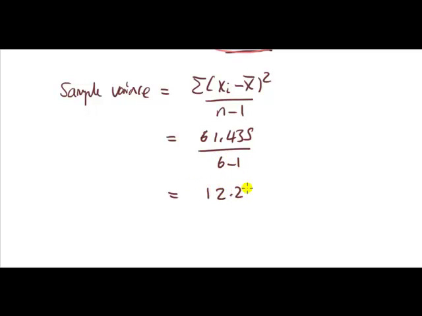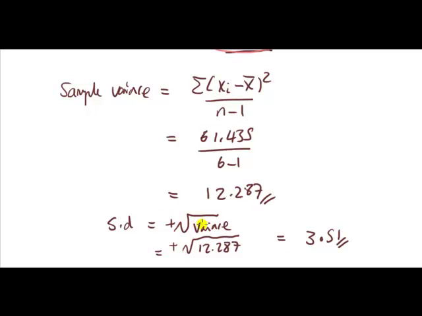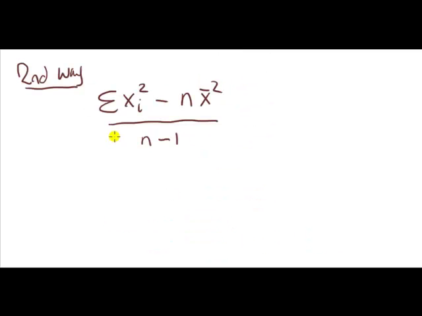I'm going to find that is 12.287. If we want, we can also get the standard deviation. Recall that the standard deviation is the positive value of the square root of the variance. So here we have the square root of 12.287, which is approximately 3.51.